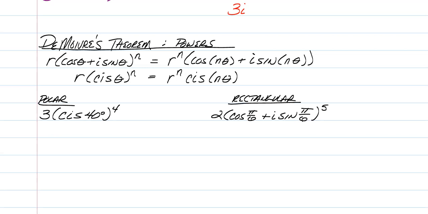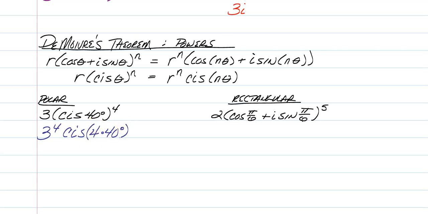This first example right here, what we are going to do is 3 to the 4th power. And then this is going to give us CIS of 4 times 40 degrees.